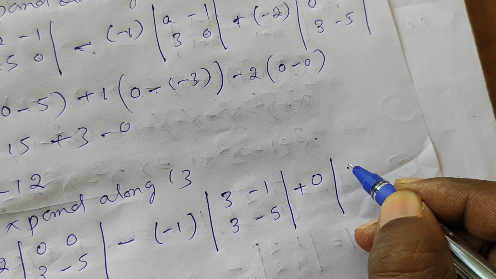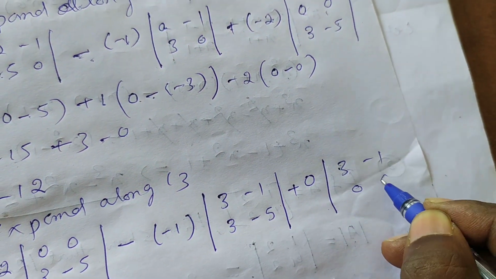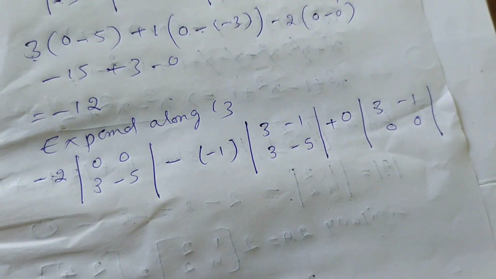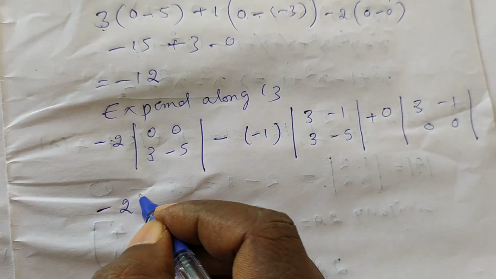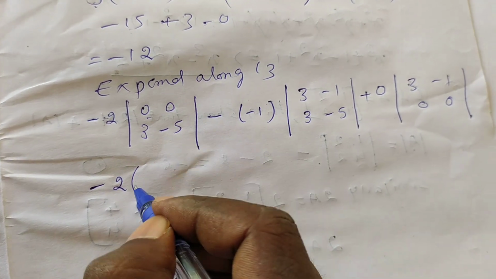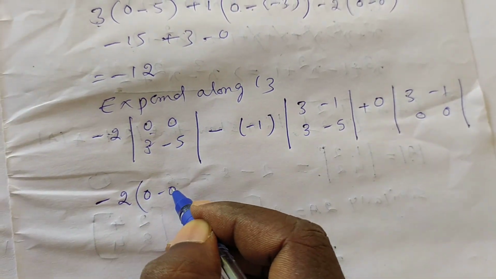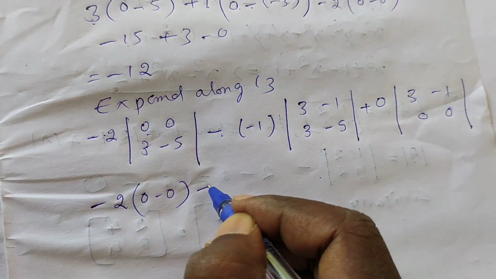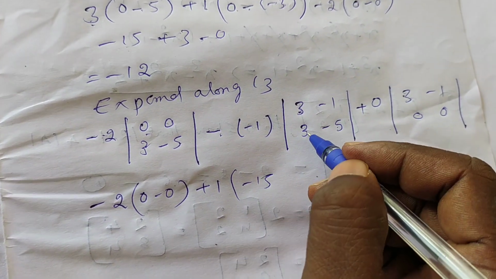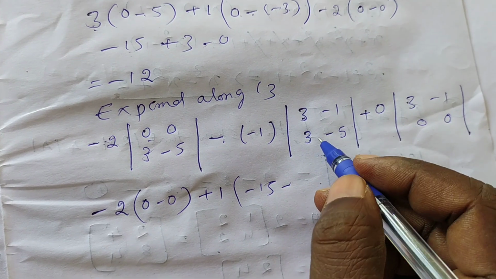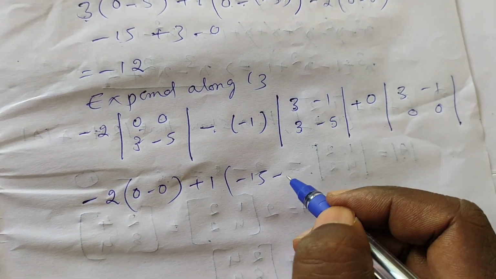Now, minus 2 into bracket, 0 into minus 5, 0. 3 into 0, 0. Minus into minus plus 1 into bracket, 3 into minus 5, minus 15. Minus of 3 into minus 1, that is minus 3.